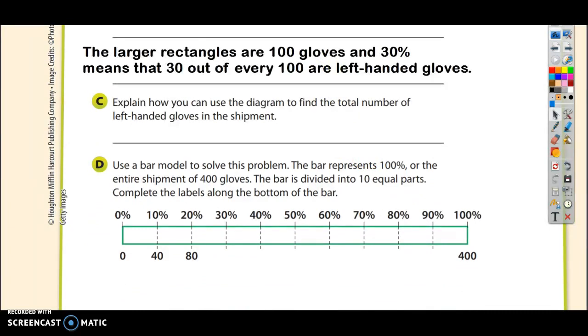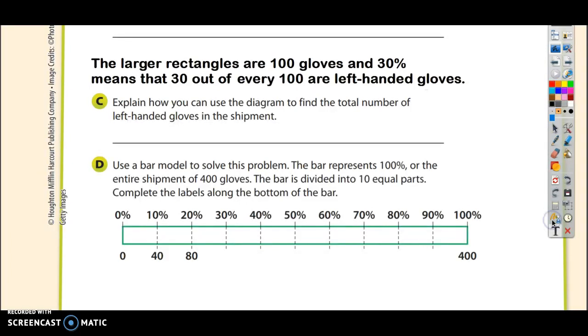C says, explain how you can use the diagram to find the total number of left-handed gloves in the shipment. There are different ways to say this. You can either count by 30s or you can add up. Add 30 plus 30, it's going to be 4 times because there's 4 sections.